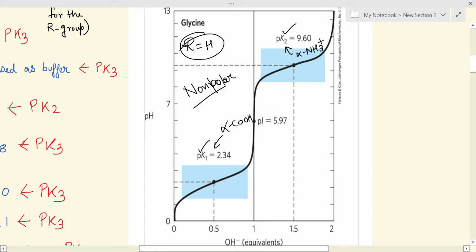And this is the Pi value. What is the Pi value? It is the point on the titration graph where the pH value equals the pKa value. There are only two pK values in the case of glycine because it is a non-polar, diprotic amino acid.